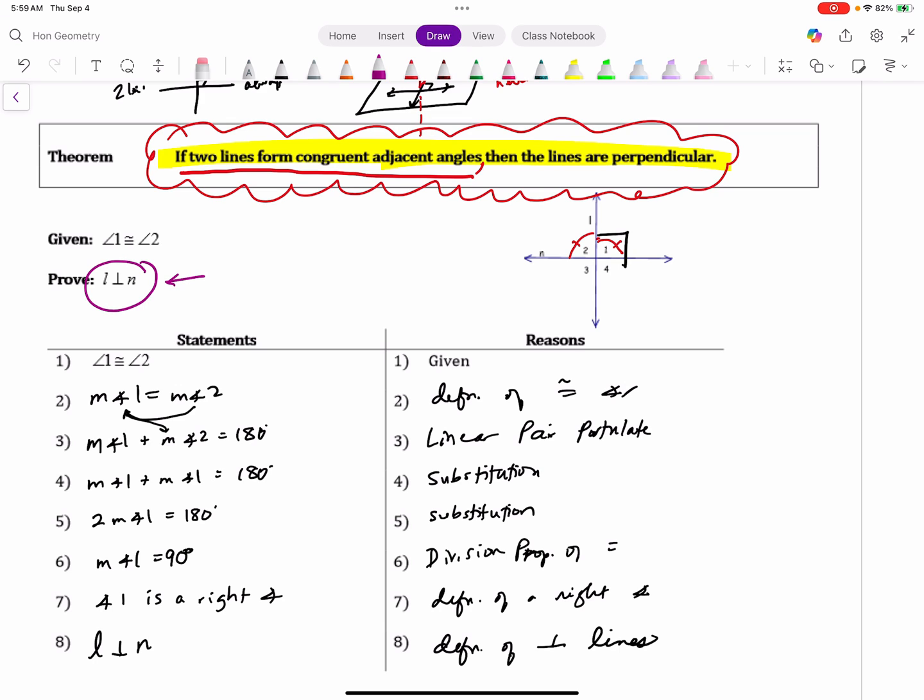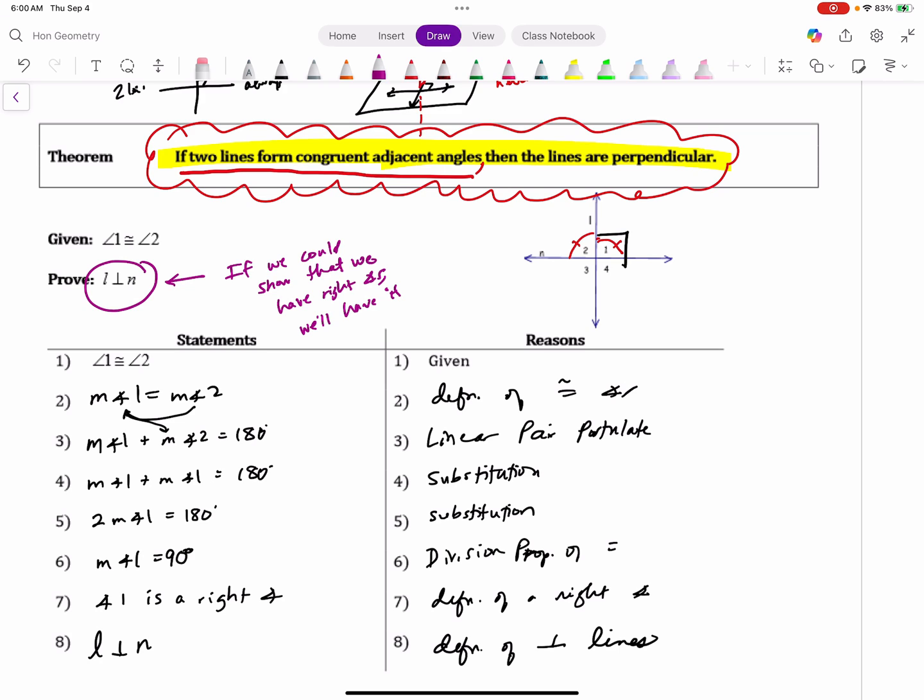And so it's like if we can show that we had right angles, we'll have it. So I guess sometimes I don't have to do this because I've been doing proofs for so long, but this is kind of the way you want to think about it.